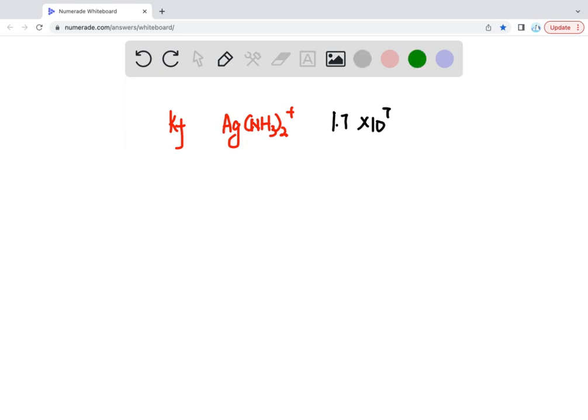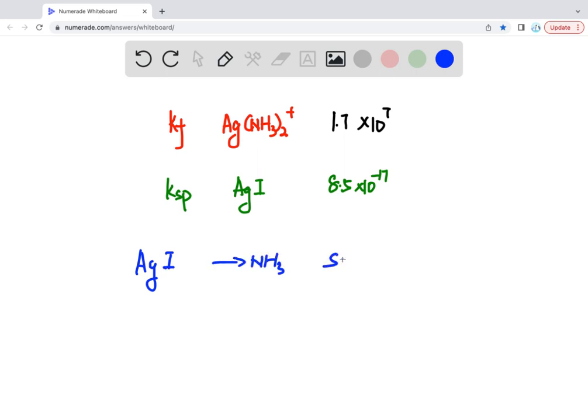And we also know the Ksp for the silver iodide. That is about 8.5 times 10 to the minus 17, which is very tiny. So now we want to know, when you dissolve the silver iodide into the ammonia solution, what is the solubility?